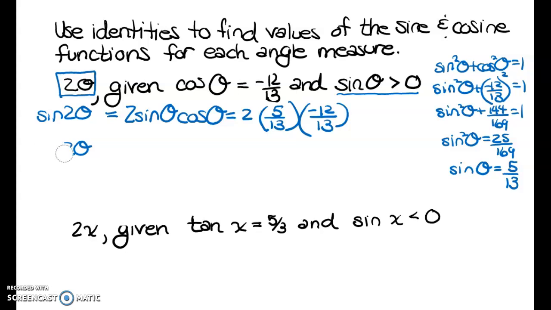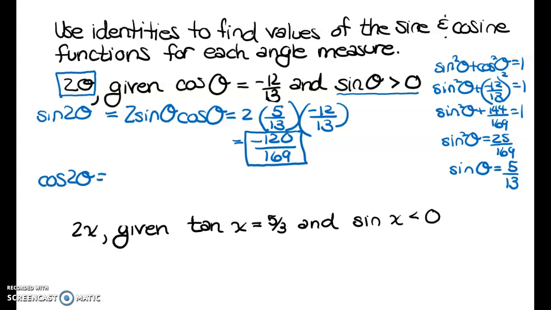If I do my calculations correctly, 5 times negative 12 is negative 60. Negative 60 times 2 is negative 120/169. So there we go. The sine of 2 theta is negative 120/169.